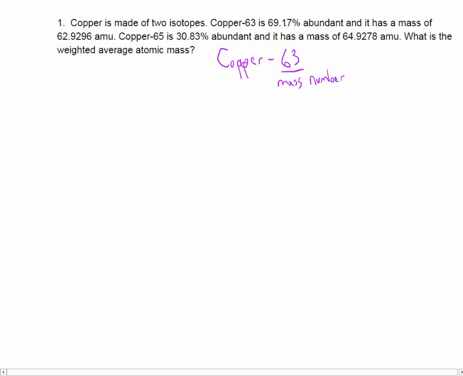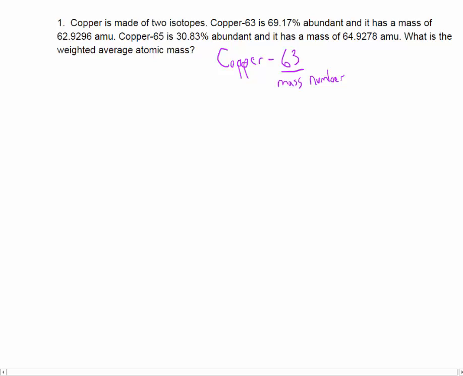Percent abundance just means if I dig up some copper and I actually looked at all the individual copper atoms, and if the copper atom had a mass of 63, I sat it to the left, and if a copper atom had, like you see here, the copper 65, I sat it to the right.